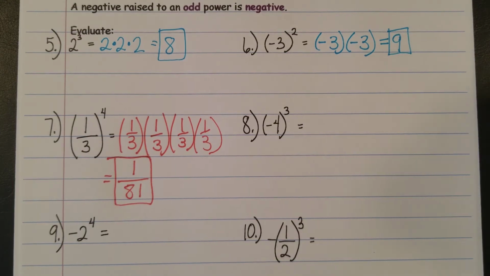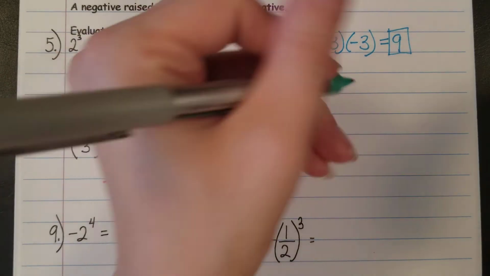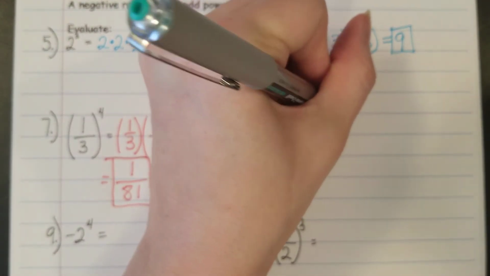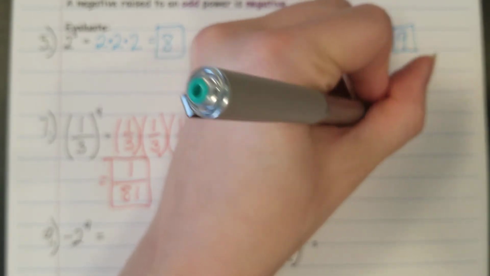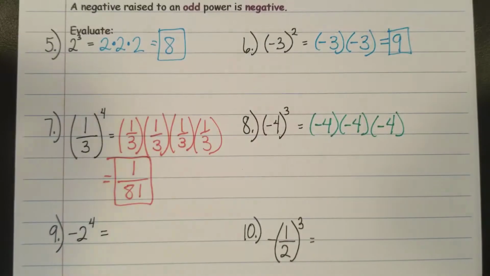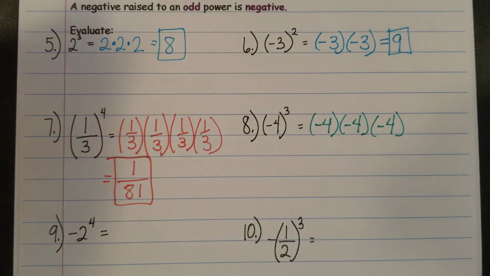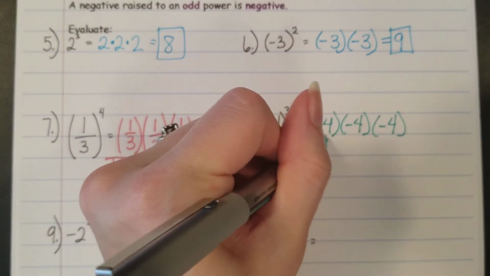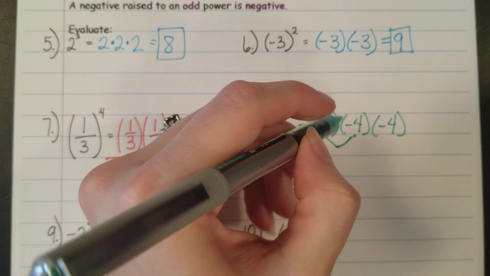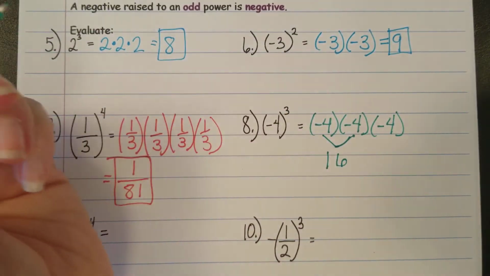And number 8, we have -4 raised to the power of 3. So -4 times -4 times -4. -4 times -4 would equal +16.